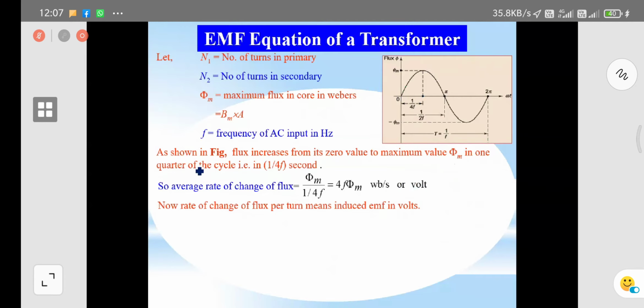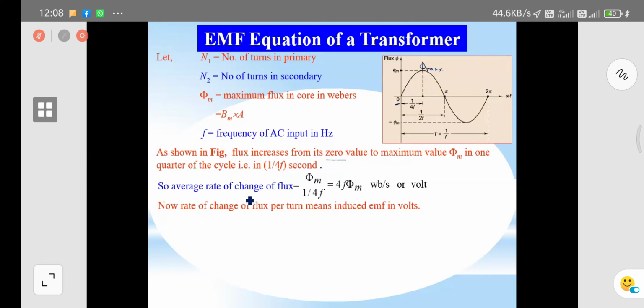What I am saying: first of all, as the sinusoidal voltage is applied to the primary winding, a sinusoidal flux will be set up in the core which links with both the primary and secondary windings. As shown in the figure, the flux changes from its zero value to a maximum value in a quarter of the cycle, that is in 1 by 4f seconds.